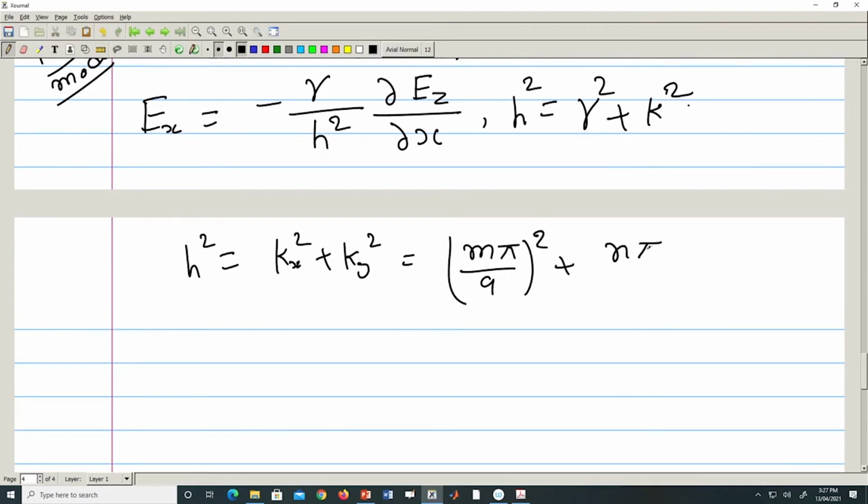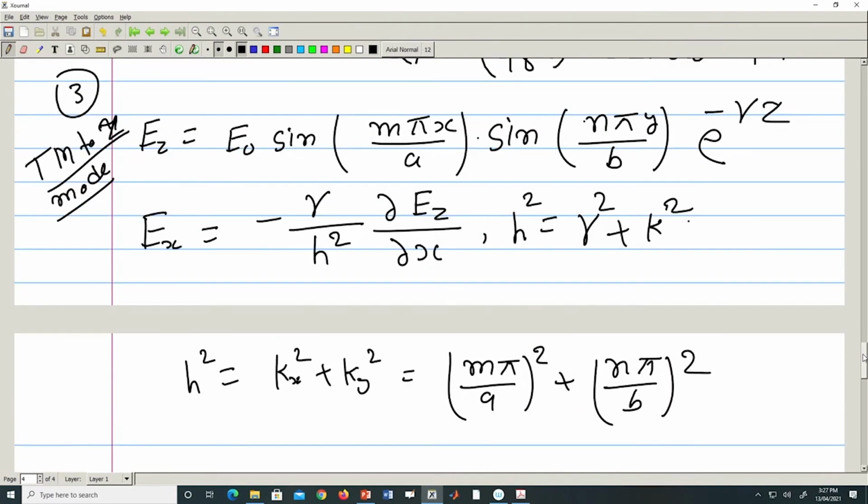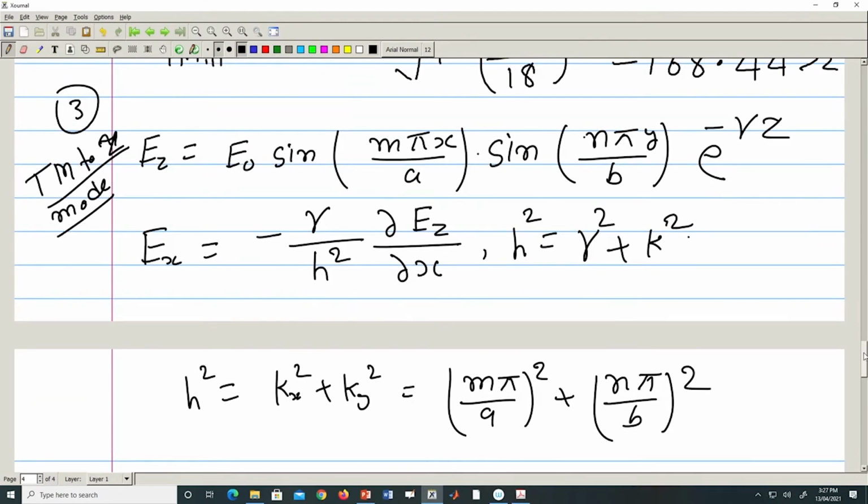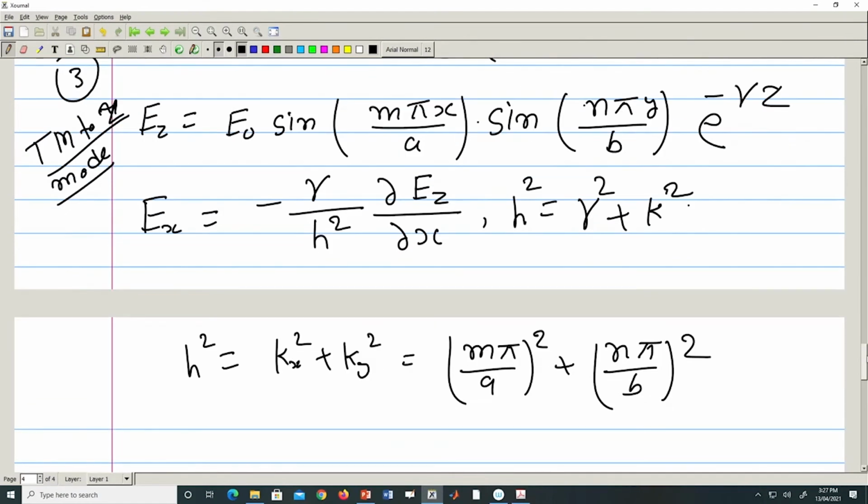E x can be written from this expression as minus of gamma by h square del E z upon del x. Because here it is a partial differentiation, it will only differentiate on the x component, and m pi by a will come outside.